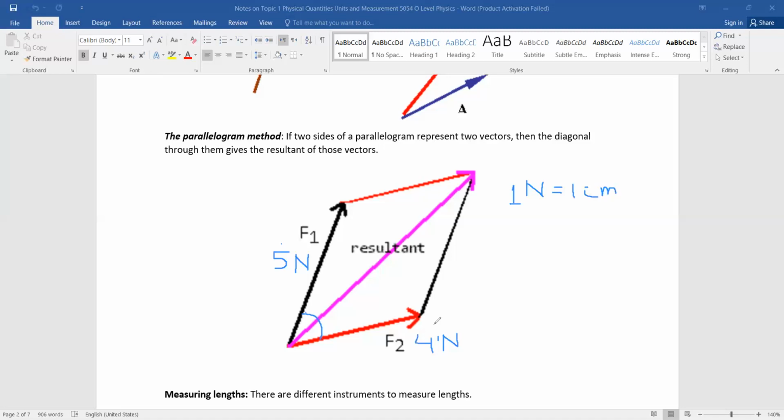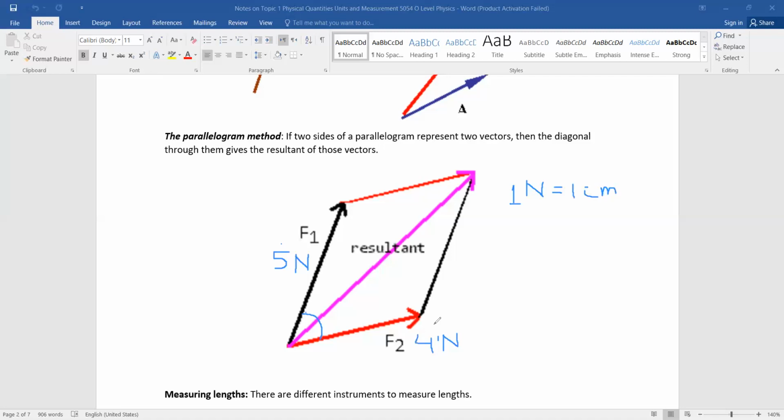Sir, in a parallelogram, the opposite sides are of the same length and parallel. The main thing is the opposite sides are parallel and equal. Yes, okay, that's the parallelogram rule or parallelogram definition.